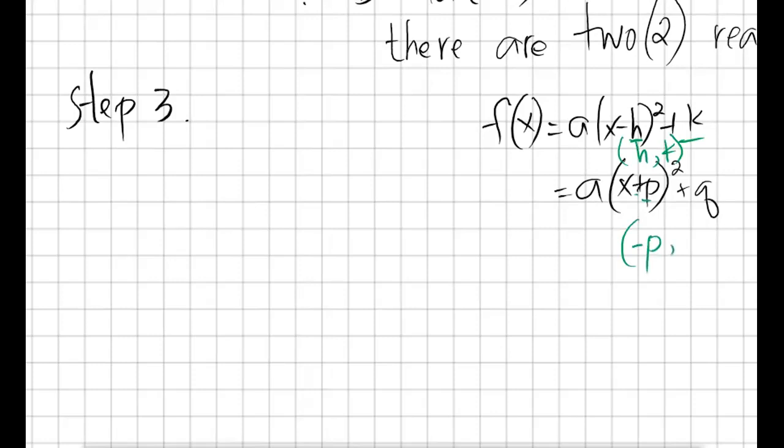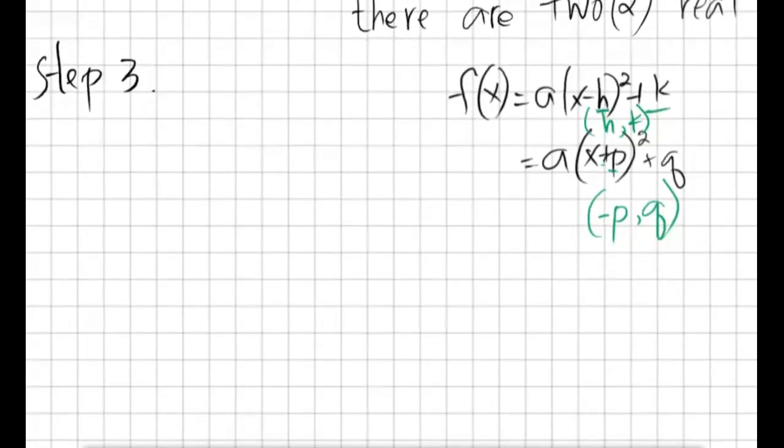Change the sign of p, and then your q is the y. So let's go back to our equation. Our equation is f of x equals 2x squared plus 7x plus 5.